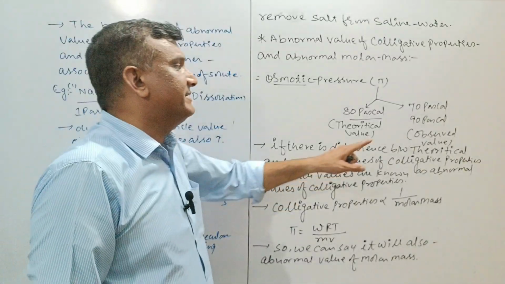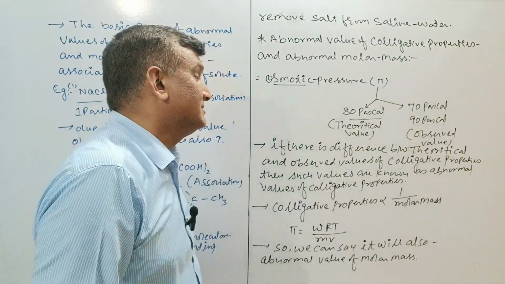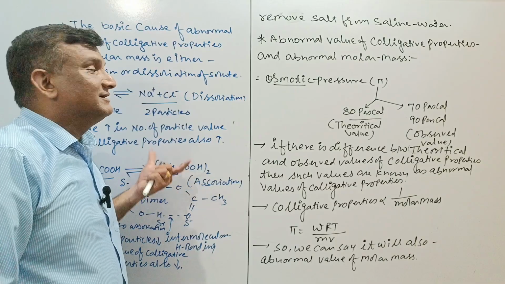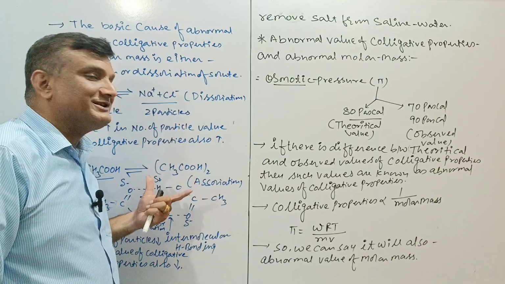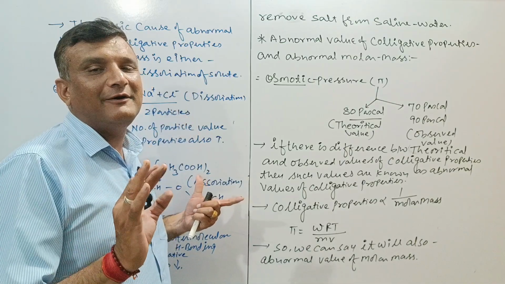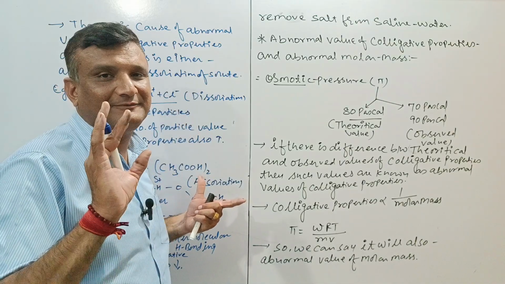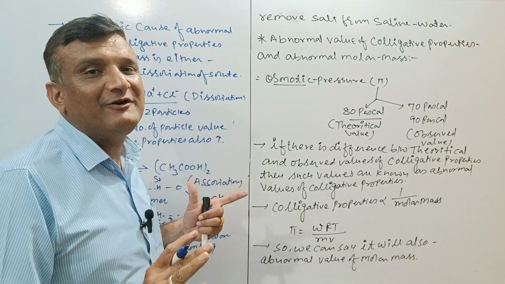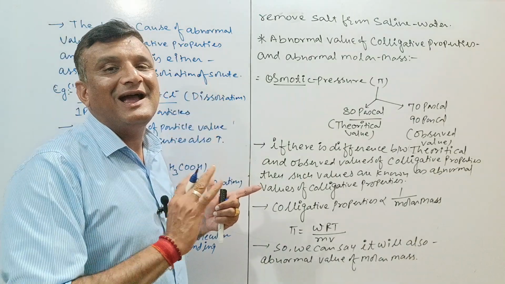So the condition will be 70 Pascal. So we can say that with either dissociation or association, there will be a change in the value of the colligative properties, theoretical and observed.